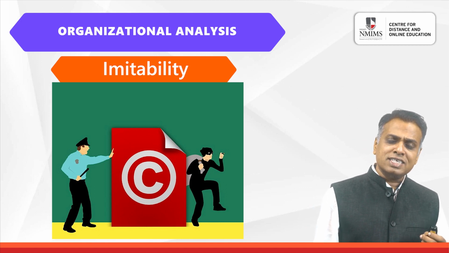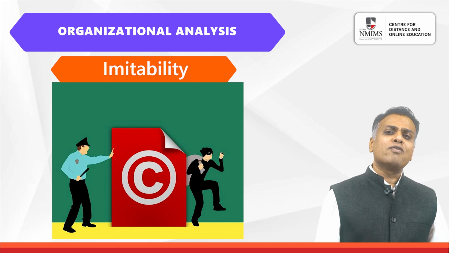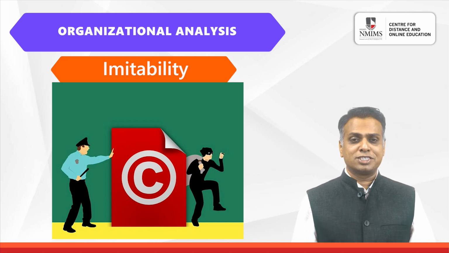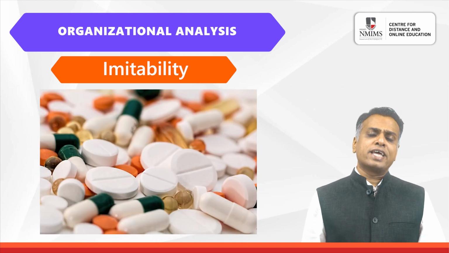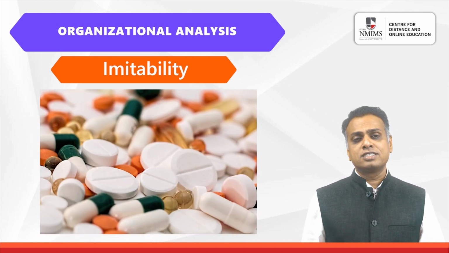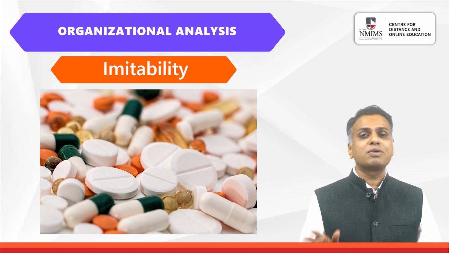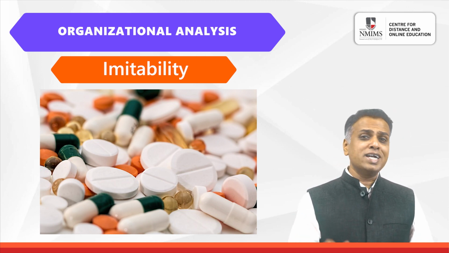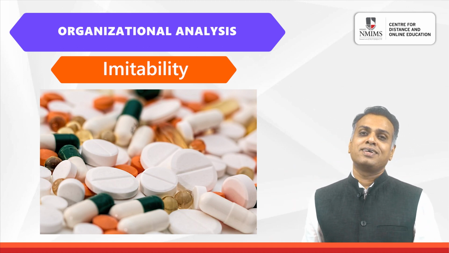If a resource is easy to duplicate or replicate, it won't provide a sustainable advantage. For example, the patent protection on pharmaceuticals, which prevents others from copying a drug for a specific period, acts as an advantage for that particular company who owns the patent.